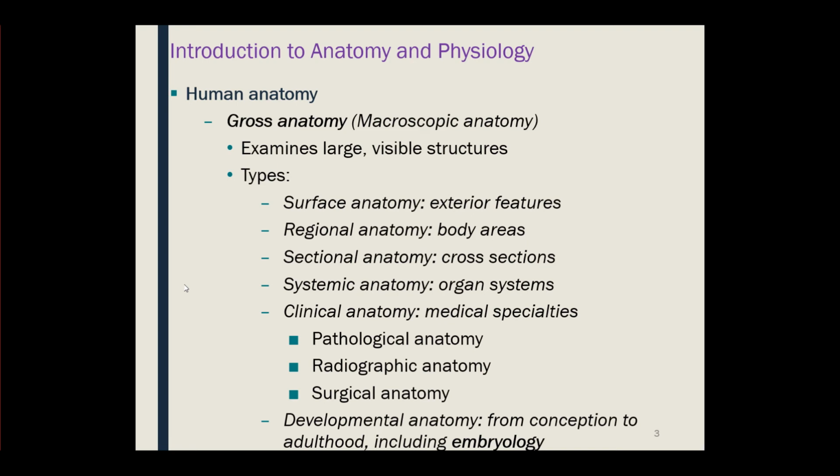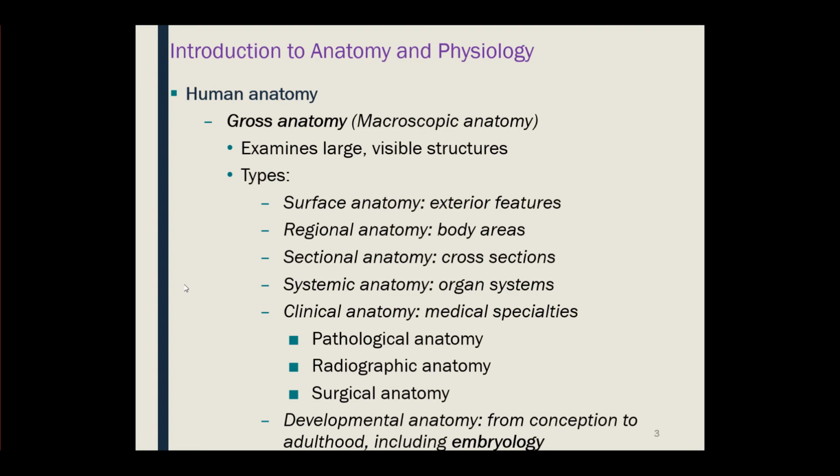Radiographic anatomy is seeing all of our structures on X-ray, MRI, CAT scan, or PET scan, different types of imaging. And surgical anatomy would include anatomical landmarks that are important to surgeons. So these are all examples of anatomy more specialized to clinical.